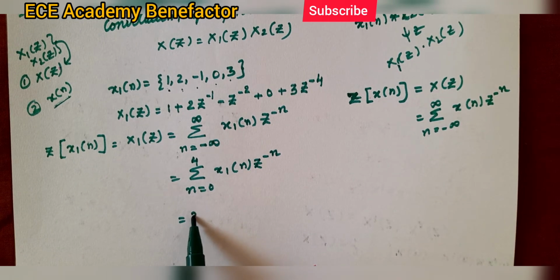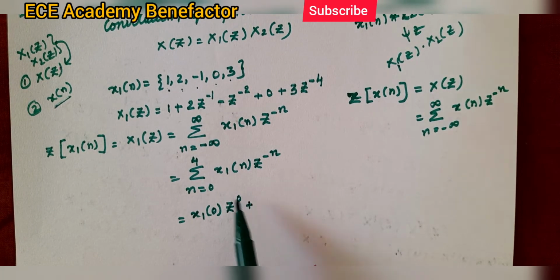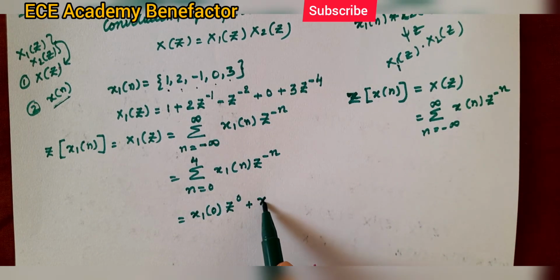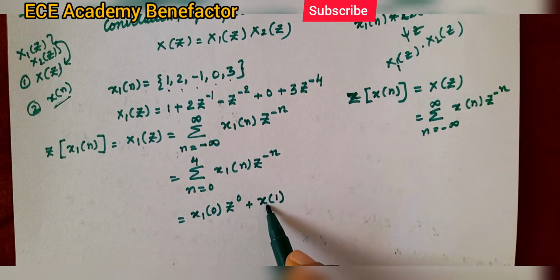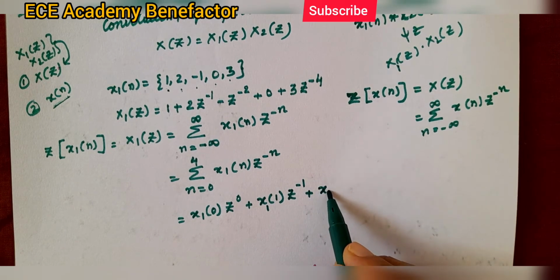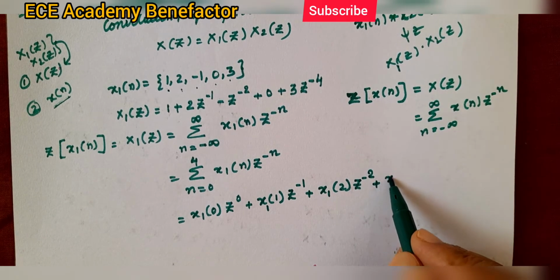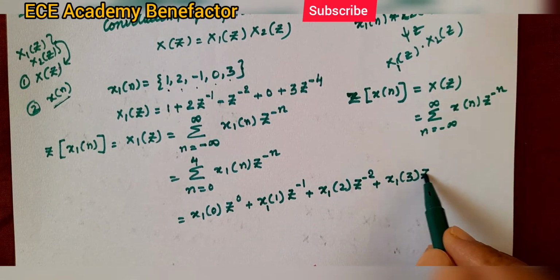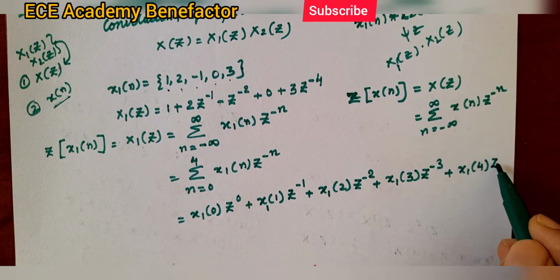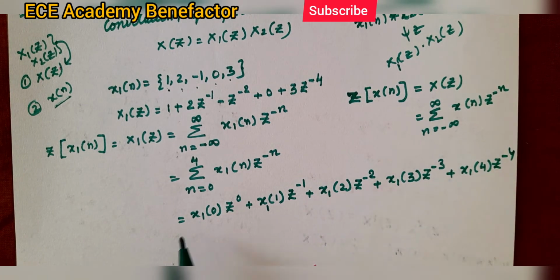It will become x1 of 0 z to the power of 0 plus x1 of 1 z to the power minus 1 plus x1 of 2 z to the power minus 2 plus x1 of 3 z to the power minus 3 plus x1 of 4 z to the power of minus 4. So we have expanded the series from 0 to 4.